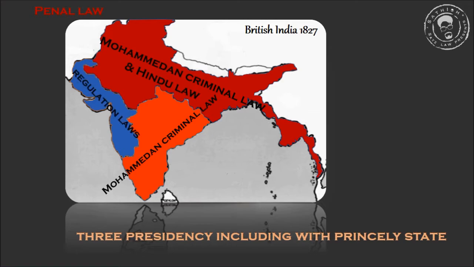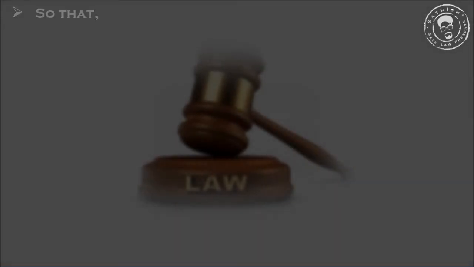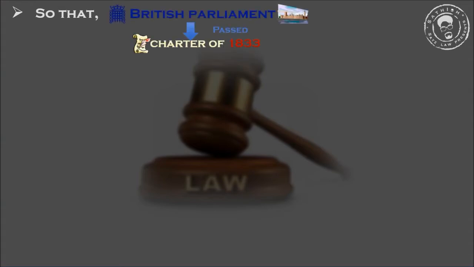As a result, criminal justice was hard and difficult to administer, and there was no equal justice between the victim and the culprit. So the British Parliament passed the Charter Act of 1833.